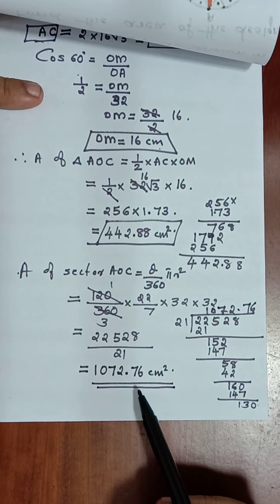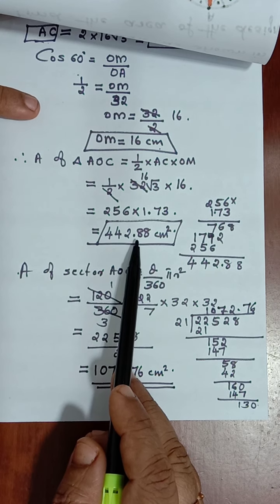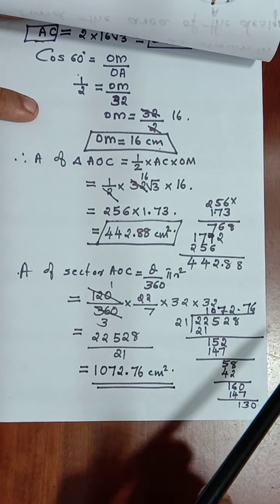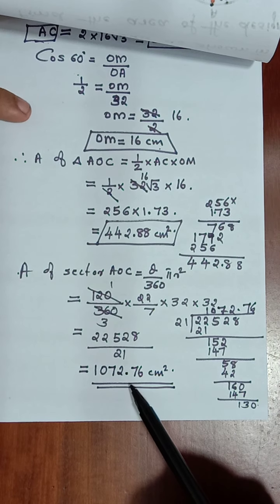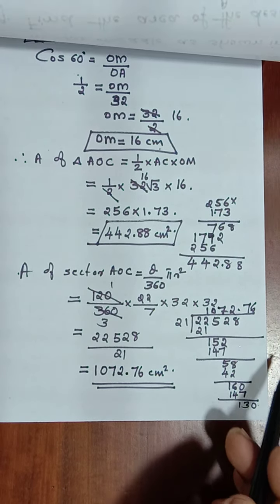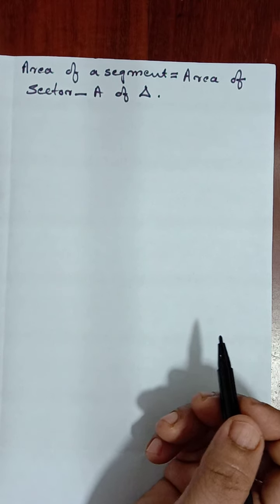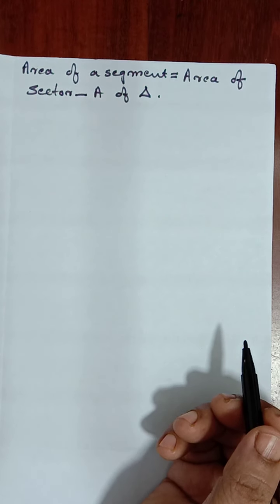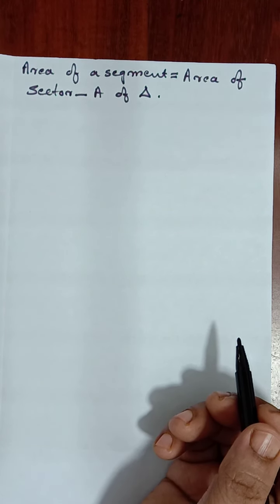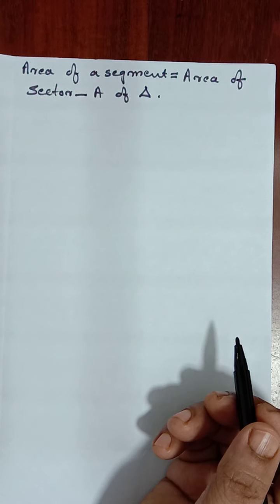Now area of sector we got, area of the triangle we got. So therefore area of one segment is area of sector minus area of the triangle. See area of segment, area of one segment, that is area of the sector minus area of the triangle. Area of sector we got 1072.76.